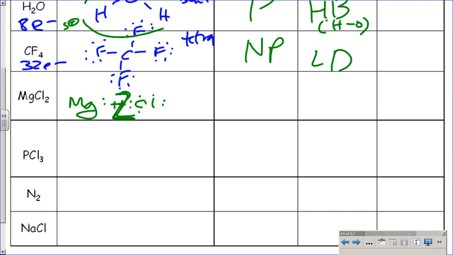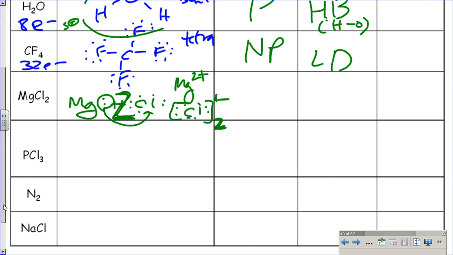So magnesium donates both of its valence electrons to both of the chlorines, making what charge for magnesium? 2 plus because it lost 2 electrons. And each chlorine now has an octet. There's 2 of them, okay? That's what that 2 means. What's the charge on chlorine there? 1 minus, because each one chlorine is getting 1 electron.